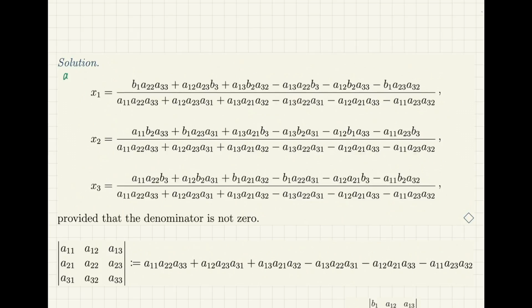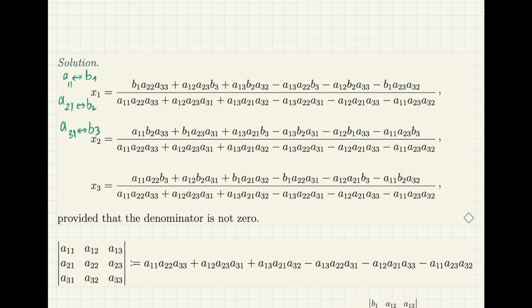I'm saying that if in the denominator you replace a11 with b1 and a21 with b2 and a31 with b3, you immediately realize that you will get the numerator.